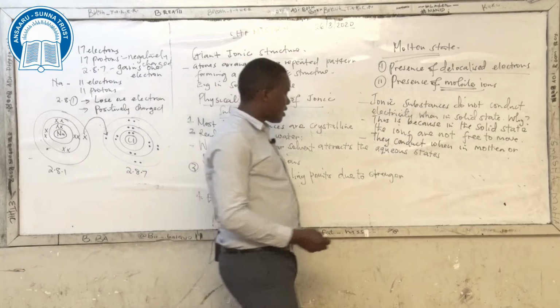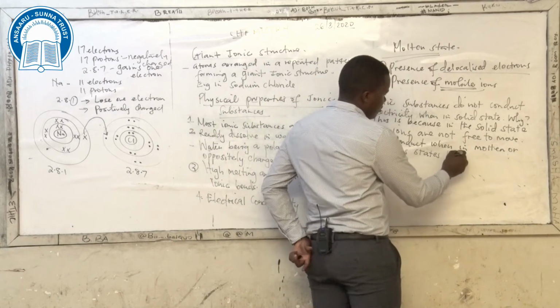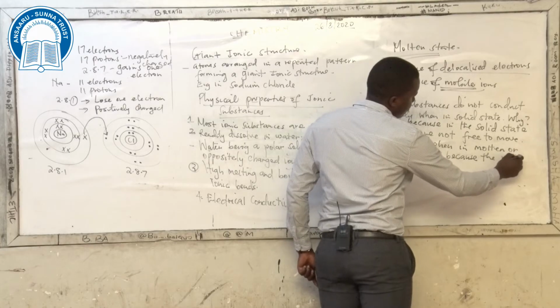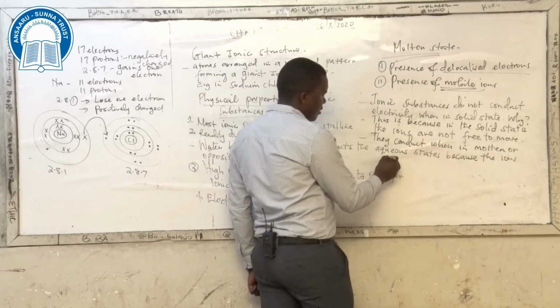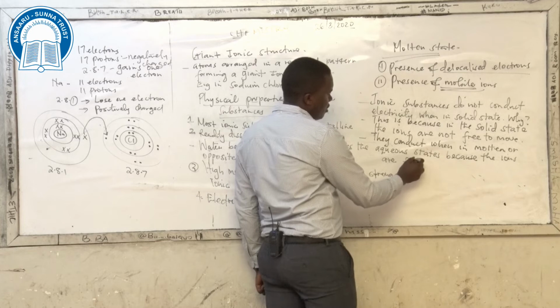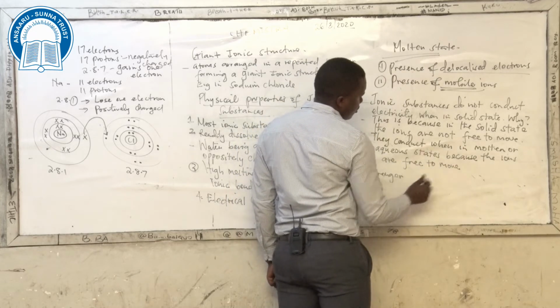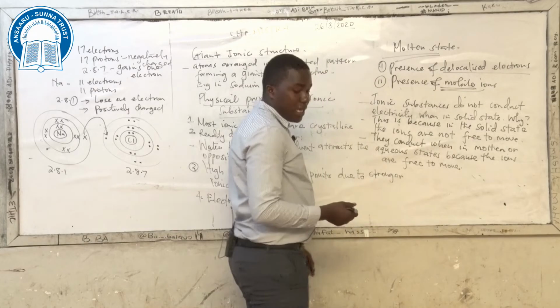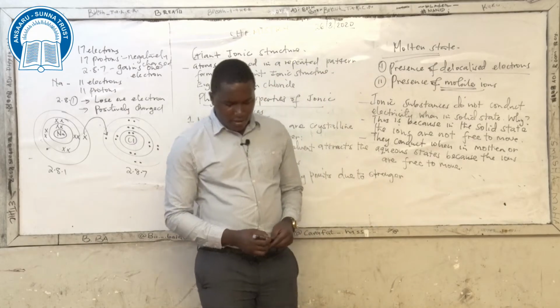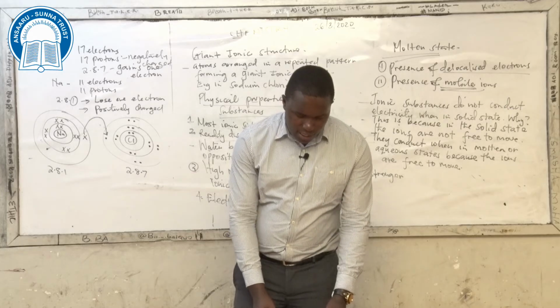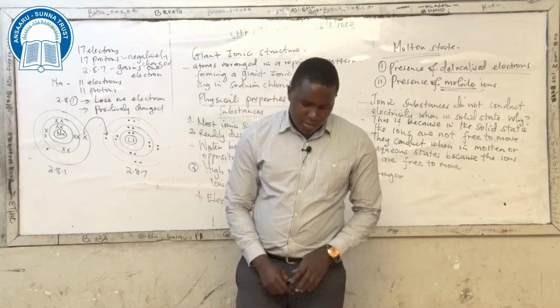So the ions become mobile when they are in either the molten or aqueous state.